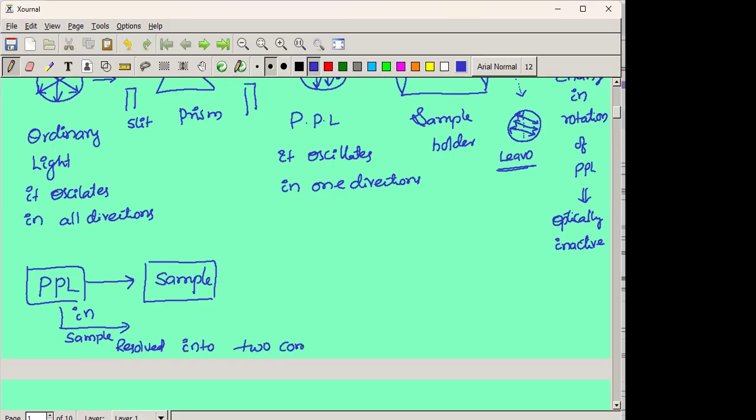What are the two components? One is LCP, the other one is RCP.